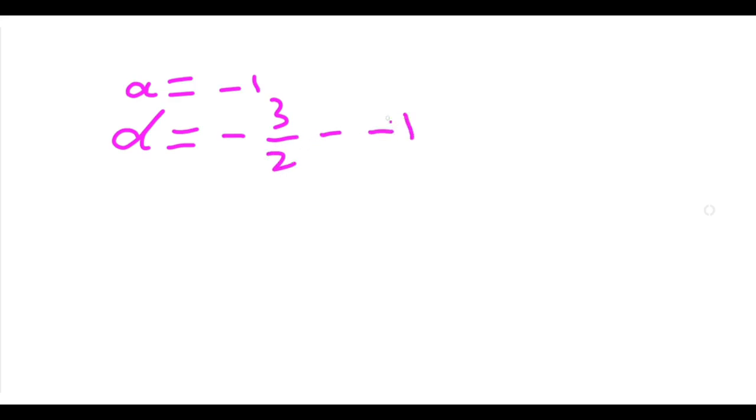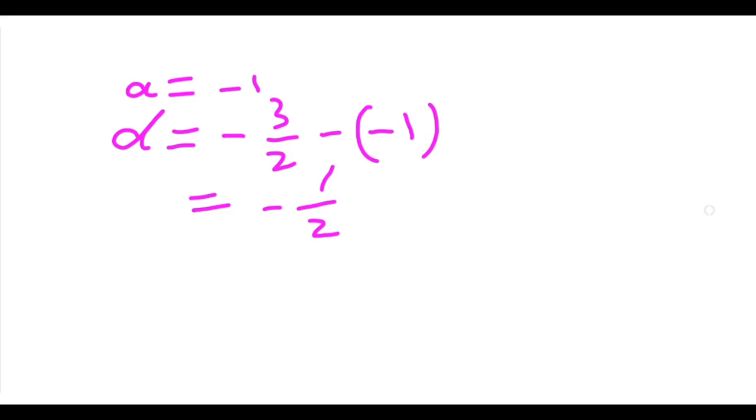The first term, a, is -1, and d is term 2 minus term 1, that will be -3 over 2 minus -1. The answer will be -1 over 2. I used my calculator.